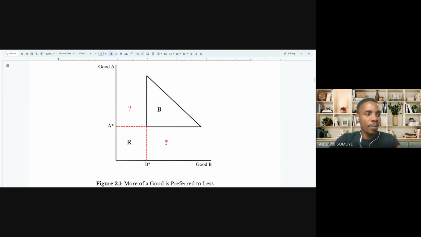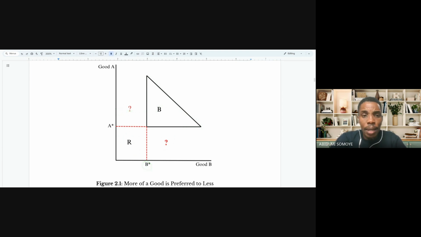I can't tell because you are not having more of both goods. You are not having more of both goods, and so I can't tell if there's an increase in your satisfaction, although you are having more of good A and good B stays the same.